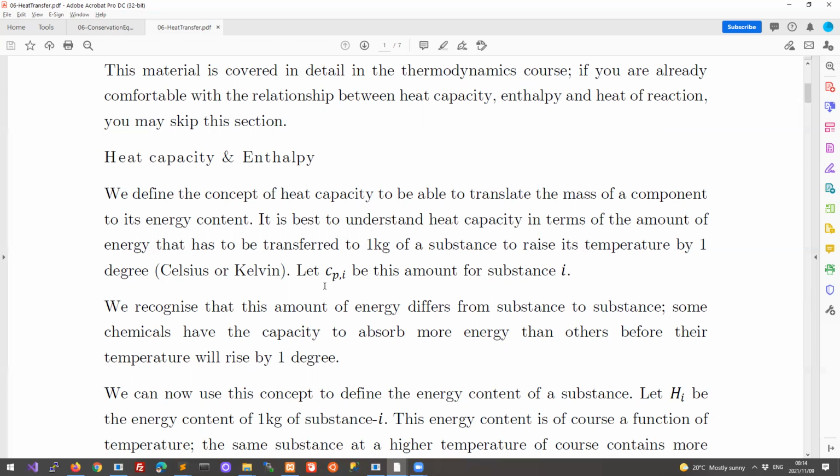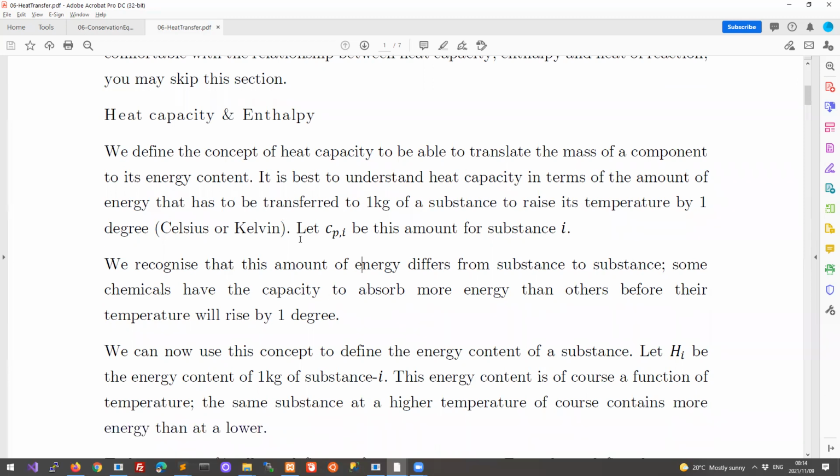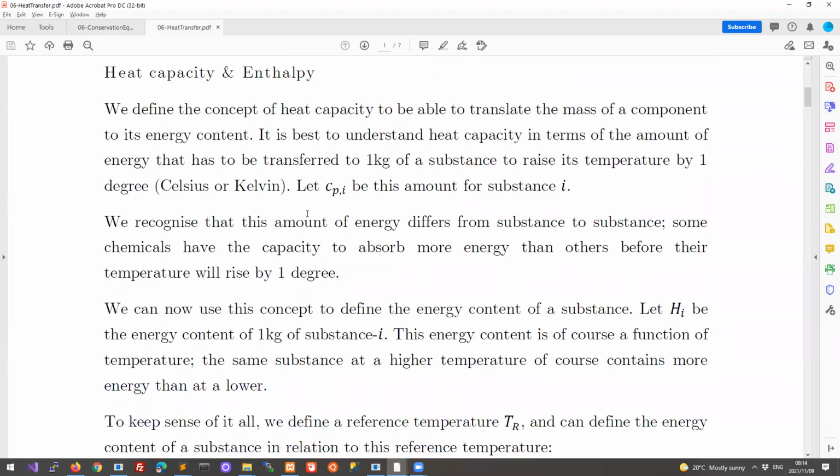And by the way, there's also a molar version of this. Instead of defining it on the basis of 1 kilogram, you can do it on the basis of 1 mole. And of course, you can translate between the two heat capacities through the molar mass. You can also think of this as the factor by which, when you increase the temperature, you can estimate the amount of energy required. We'll see that just now.